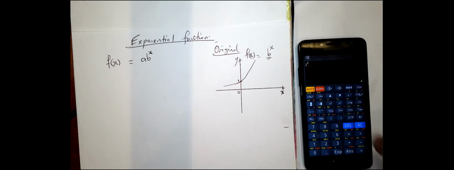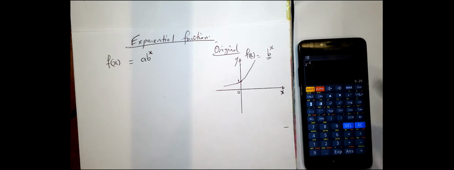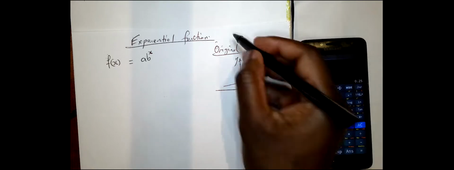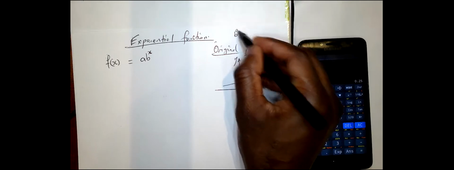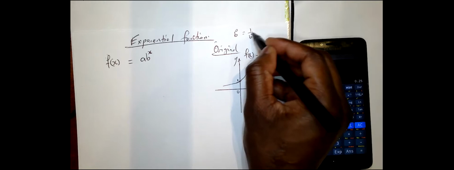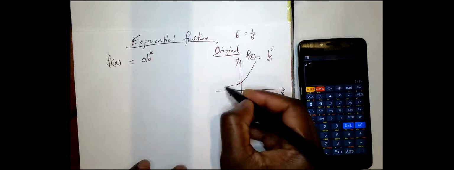But now when I say 2 to the power negative 2, what do I get? I get 0.25. So it actually means that when I have negative here, it's going down, and it's simply because any number to the power of negative 2 is actually 1 over b to the power of 2. So you'll be dividing with a fraction. Okay, so that's why it's going on like that.